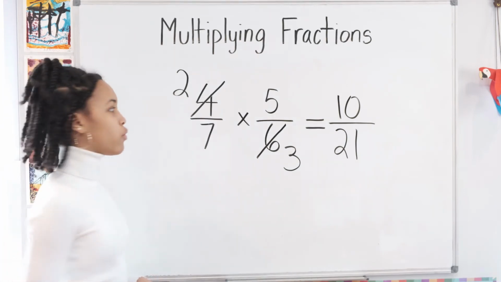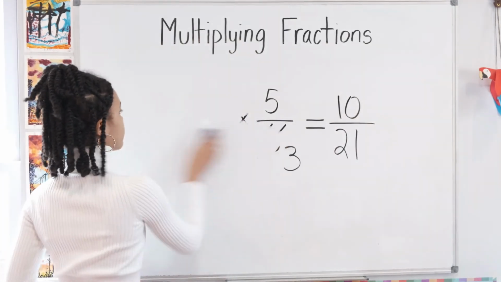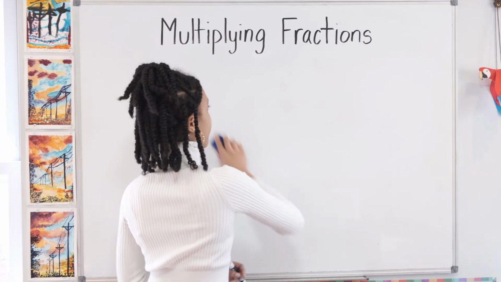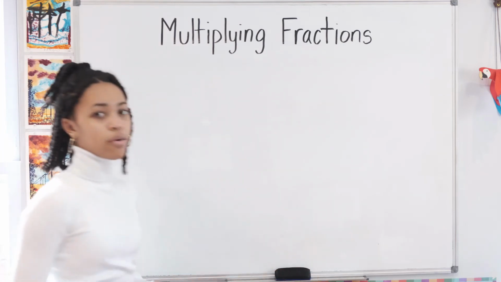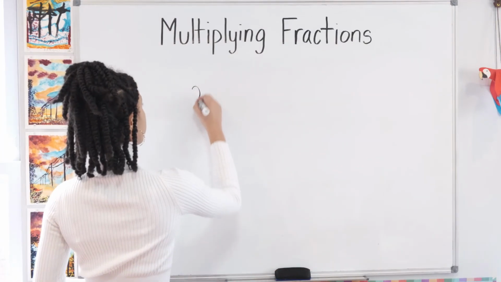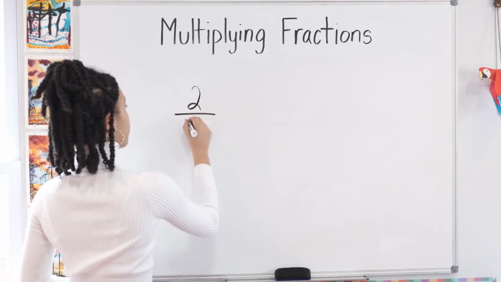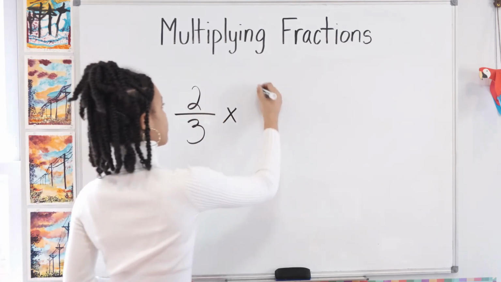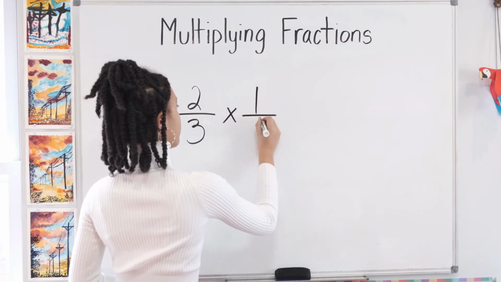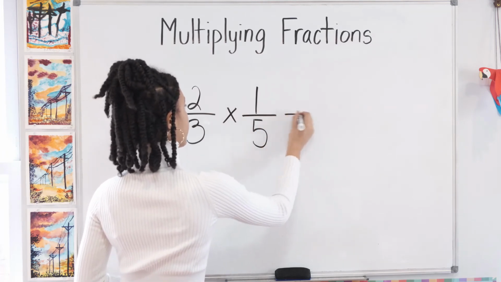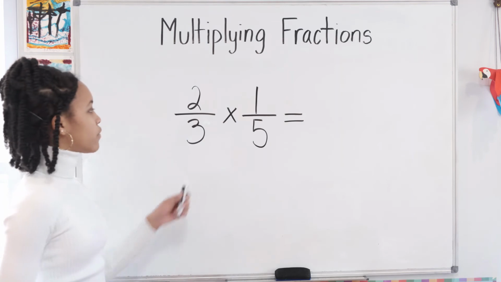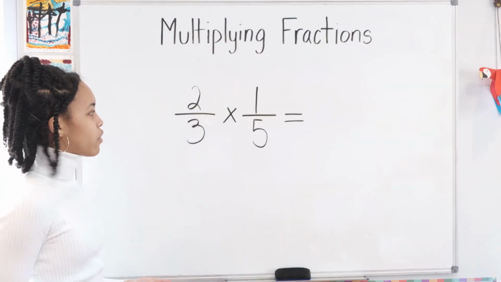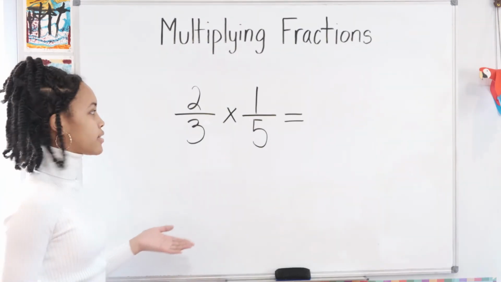Let's try one more. We have the equation of 2/3 times 1/5. For here, we cannot use cross cancellation.